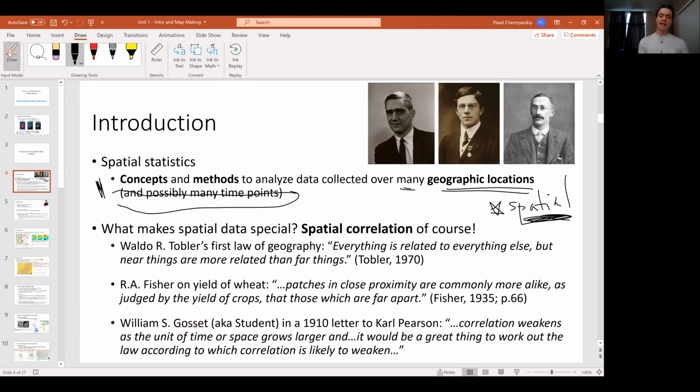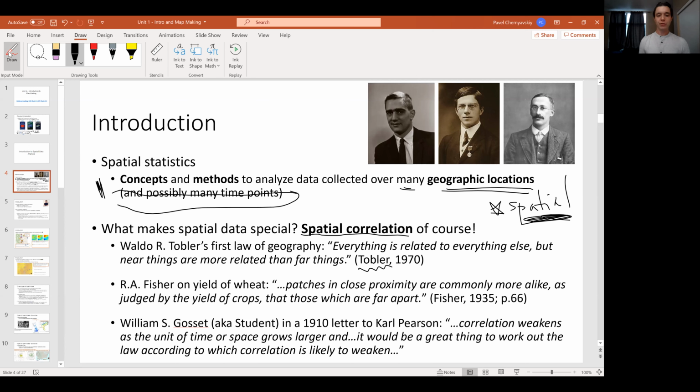So I went back and looked at other people who have been talking about spatial analysis, spatial data, and spatial correlation. So the first thing that pops to mind is Mr. Tobler. I always like to say that if you're the first person to say something, what you say can be pretty simple.